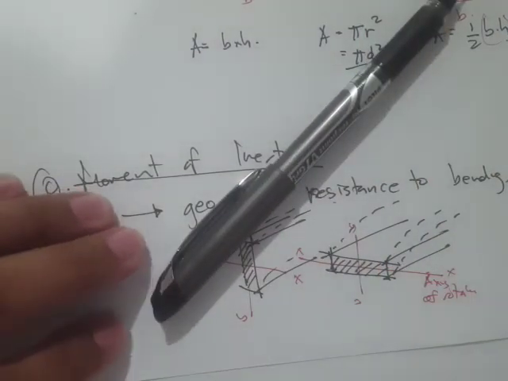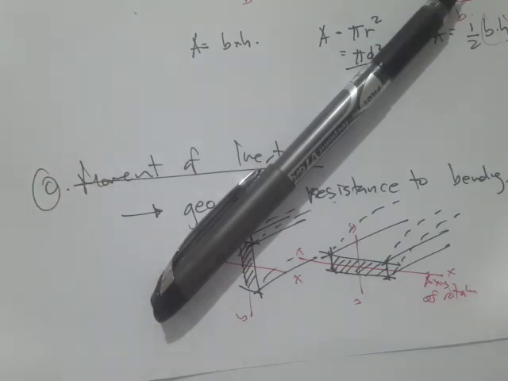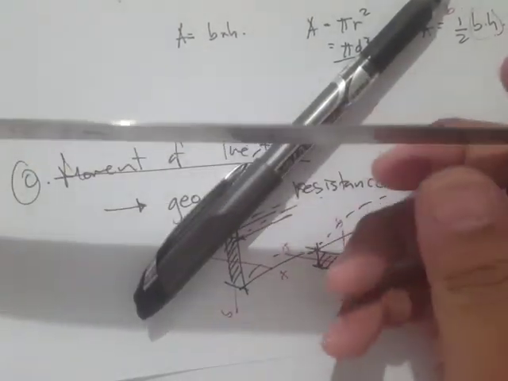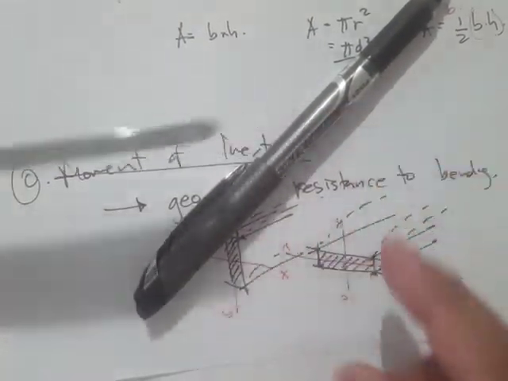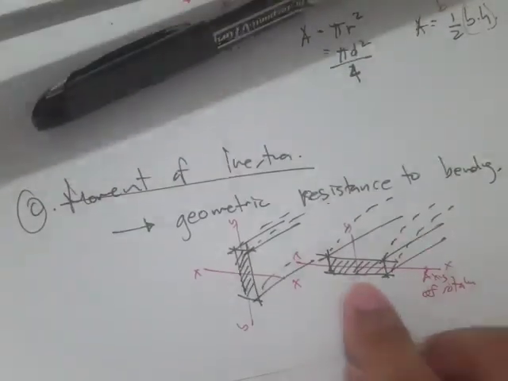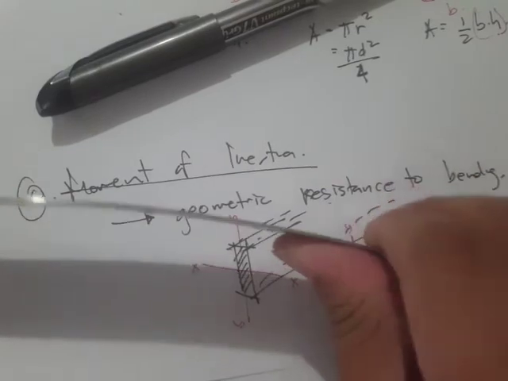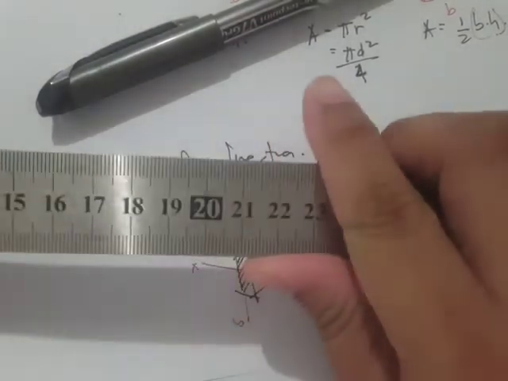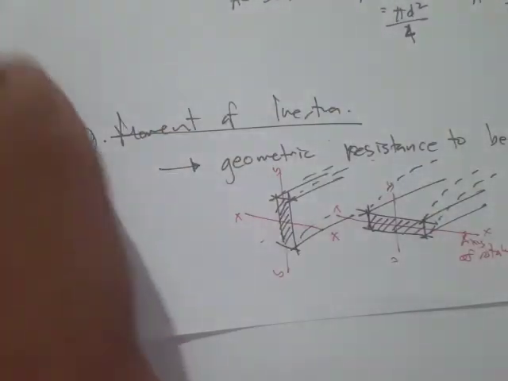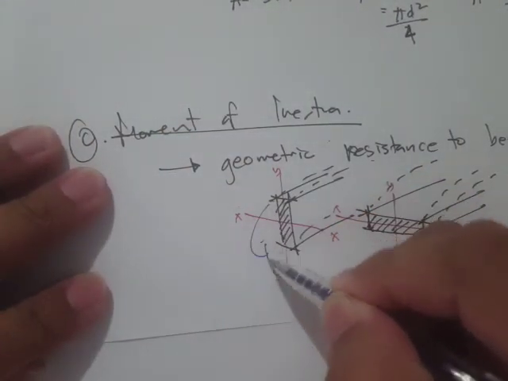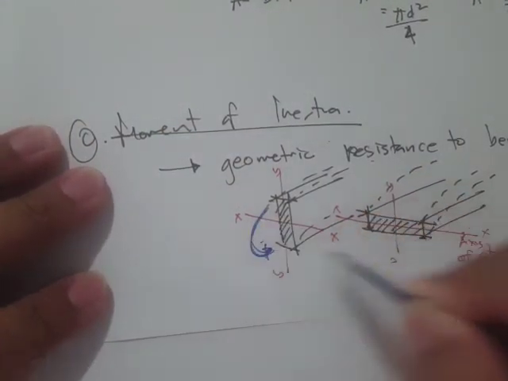For example, you have a ruler. If you have this position, then it is much easier to bend than this one. Let's draw the force.